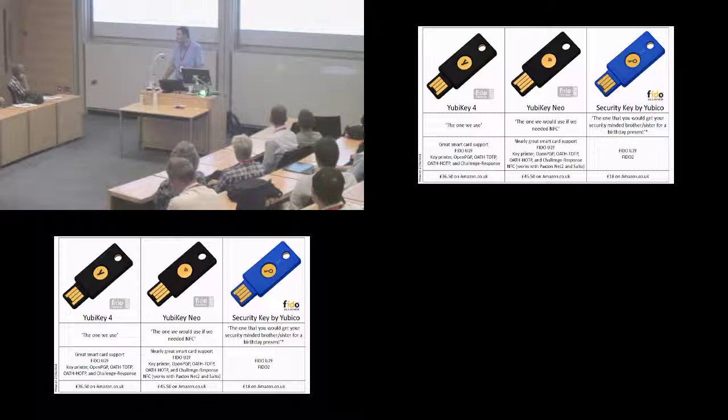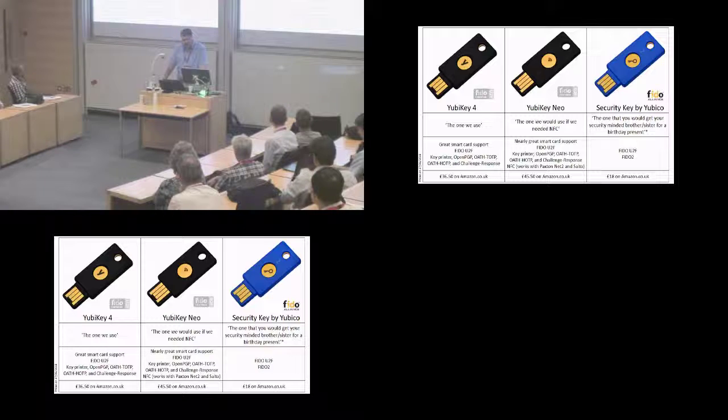FIDO U2F, which is that logging into GitHub and Facebook and your Google account through Google Chrome and things like that. It's got that keyboard printer built into it, along with the ability to store OpenPGP, strings, your OAuth, so many features in there. And on Amazon, when I looked these up a couple of days ago, it was £36.50 a key.